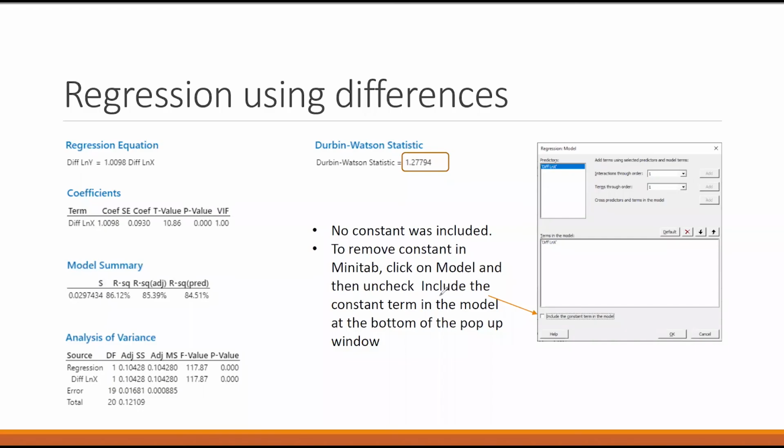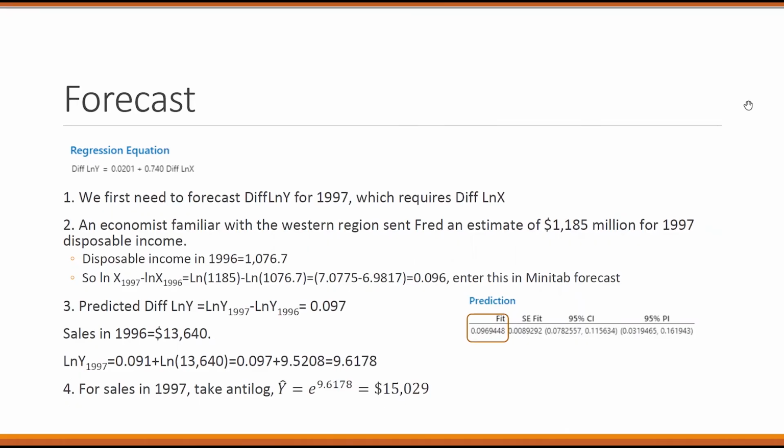This is the page showing you how to run the new regression using the newly created variables, the diff log of x and diff log of y. I just named them differently in the example I showed in Minitab, but the basic results are still the same. It also shows here that you do need to remove the constant in the model. So here's the forecast. I do not intend to go through the whole thing because this model takes log and takes difference, which makes it a little bit complicated.